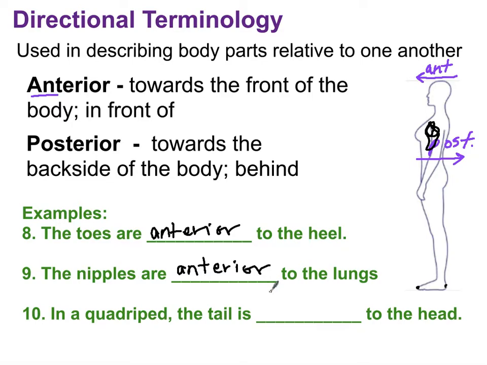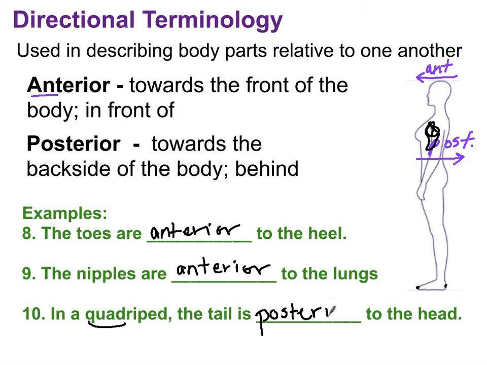Oh boy, what did I just throw at you? In a quadruped, so this is something like a dog or a lizard, where is the tail in relation to the head? Well, it's closer to the back side, so that would be posterior.